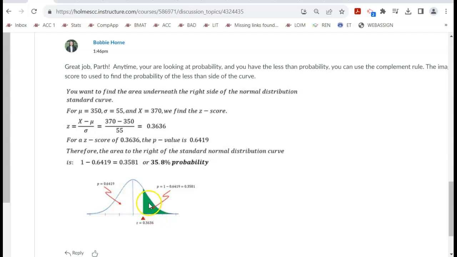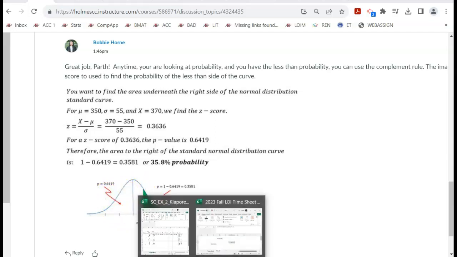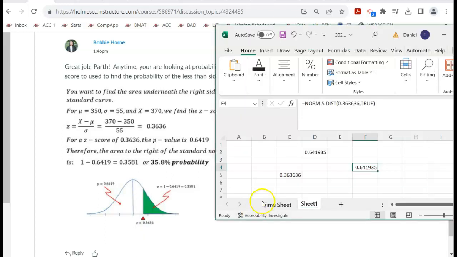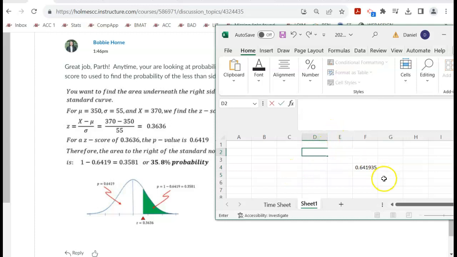So if I want the greater than side, I get the probability of the left side, the white side, and I will say 1 minus what I get for that probability. So I wanted to show you that real quick. And I'm going to show you either way.